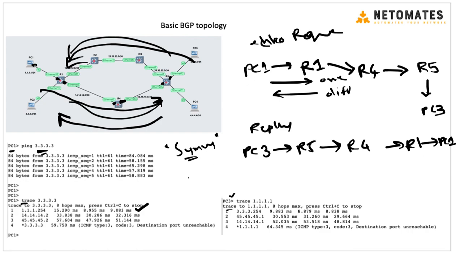In this case we call it asymmetric routing. We don't have asymmetric routing in this topology because echo request and reply are going in the same direction, but I just wanted to introduce the asymmetric routing concept.